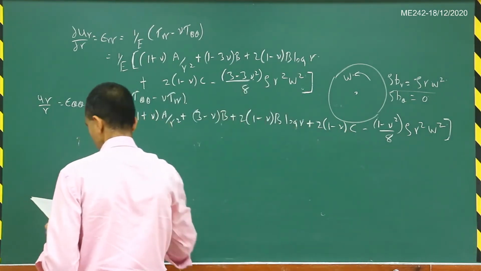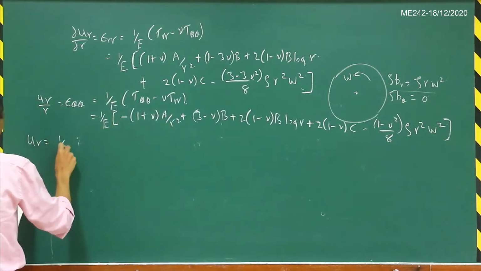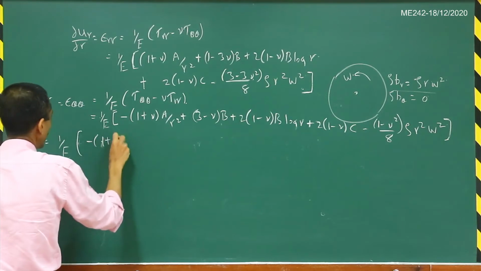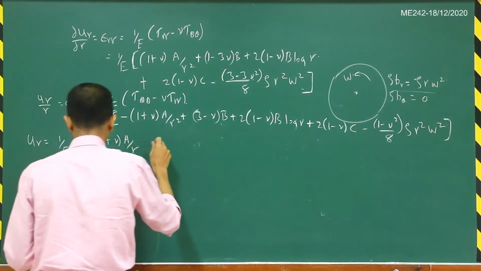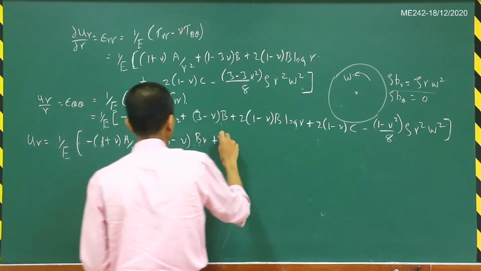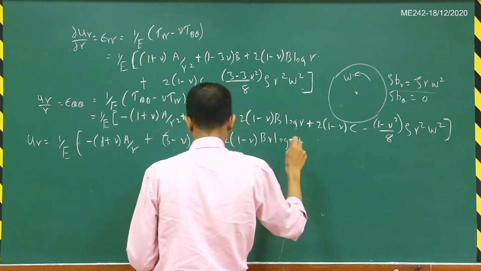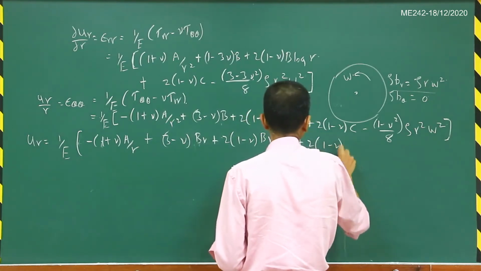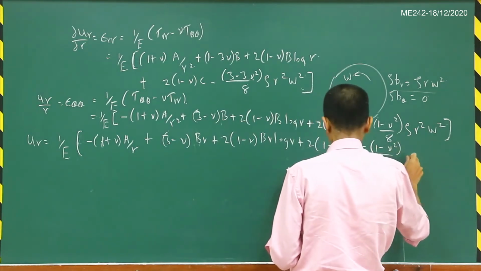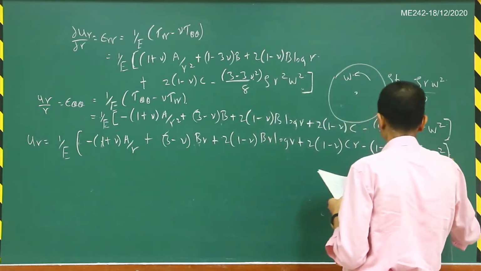You will get u r equal to 1 by e of minus (1 plus mu) times a by r, plus (3 minus mu) times b r, plus 2 into (1 minus mu) times b r log r, plus 2 into (1 minus mu) times c r, minus (1 minus mu square) by 8 rho r cube omega square. Okay, so this is the expression for u r.